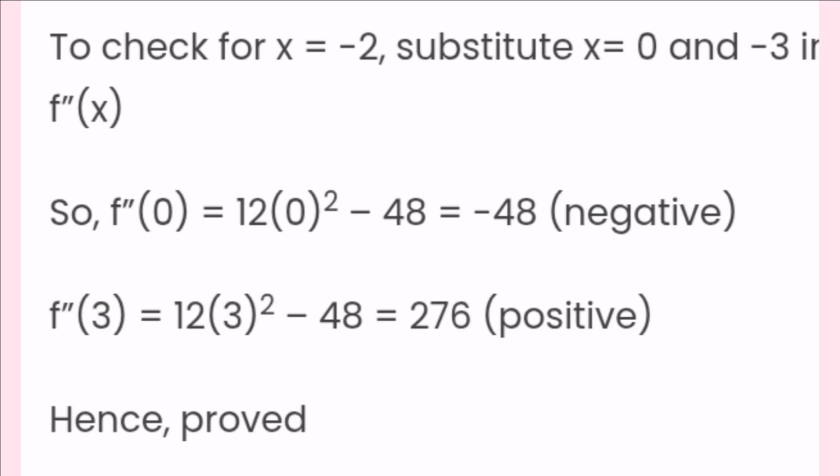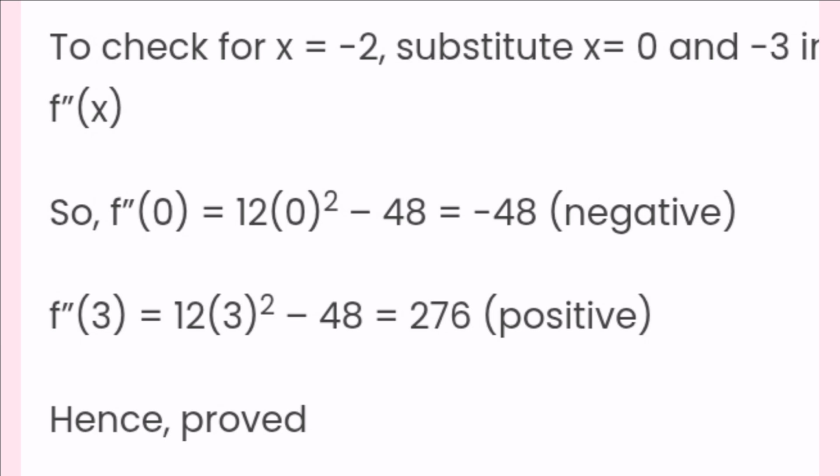Now to check x equal to minus 2, substitute x equal to minus 3 and x equal to 0, because x equal to minus 3 is the left side point and x equal to 0 is the right side point from x equal to minus 2.